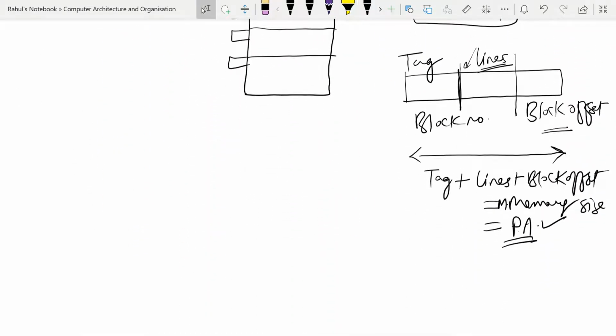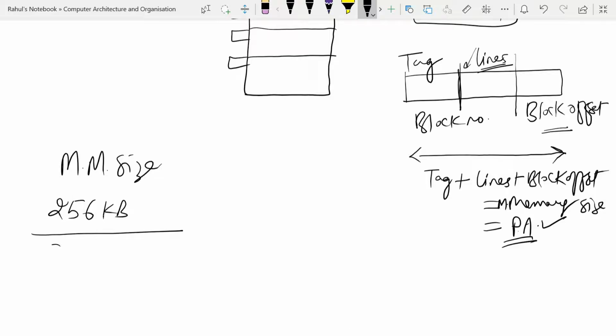Suppose main memory size is given to us as 256 KB. Okay, and suppose cache size is given to us, suppose it is 32 KB.